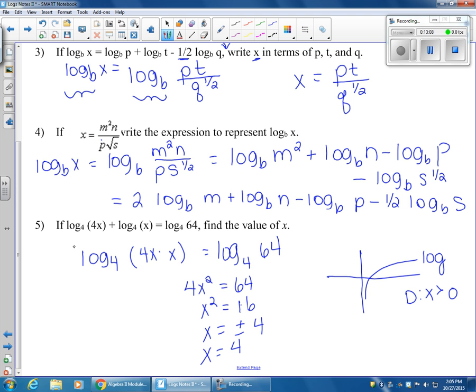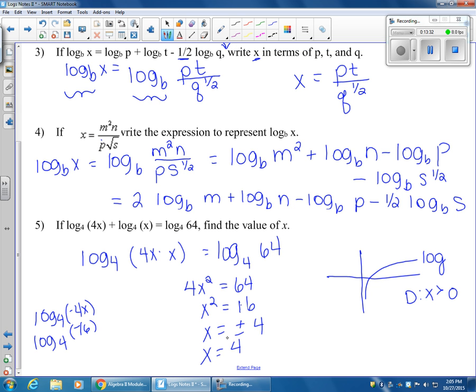But if I had had something like this, hadn't been 4x, let's say it had been log base 4 of -4x, okay? Then I got an answer of +4. If I put +4 in here, I get -16. I can't take the log of a negative number. So you're not looking at whether your answer after you do the algebra is positive or negative.